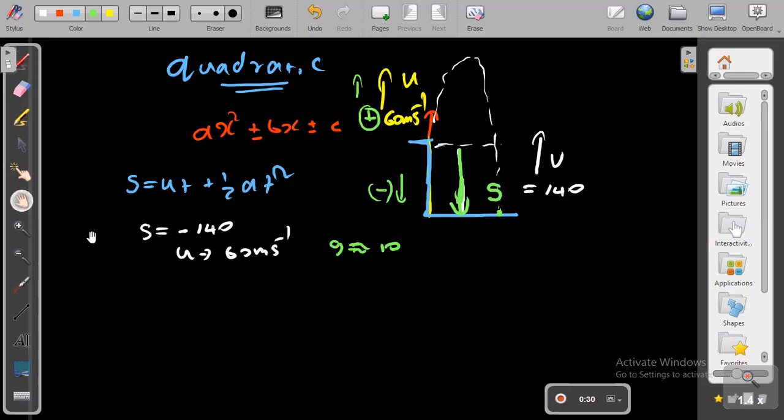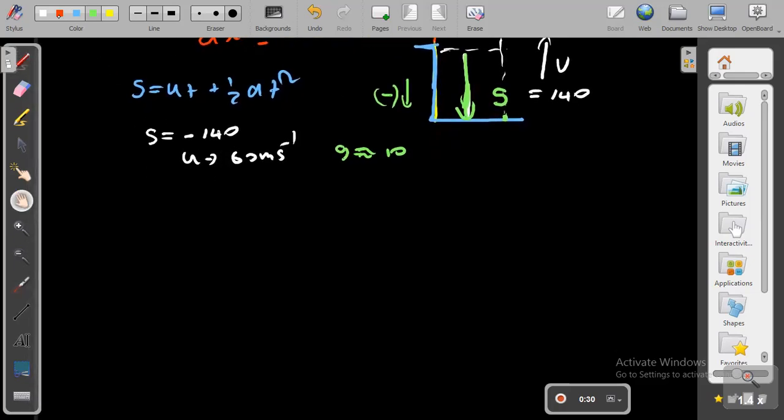I'm going to apply all my values to this equation. Let me show you. S is minus 140. You have to keep that in mind all the time, minus 140 because it is below the ground level, even below zero.